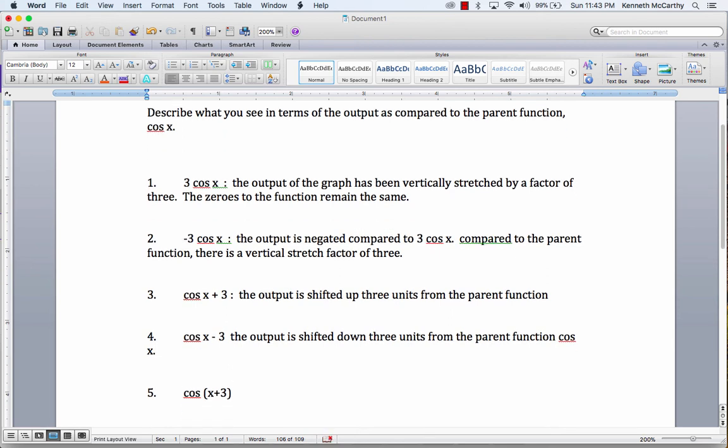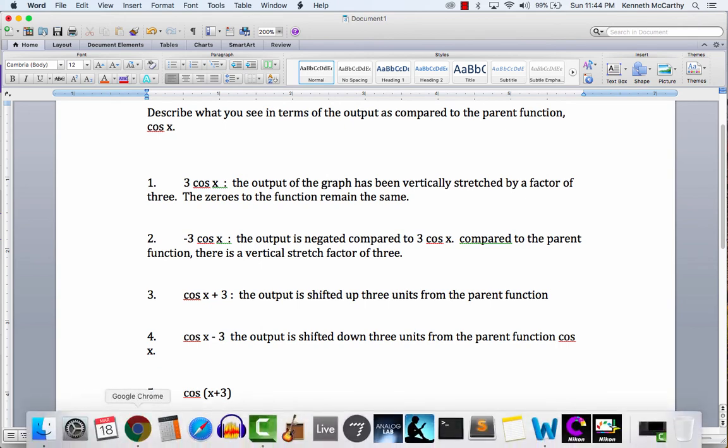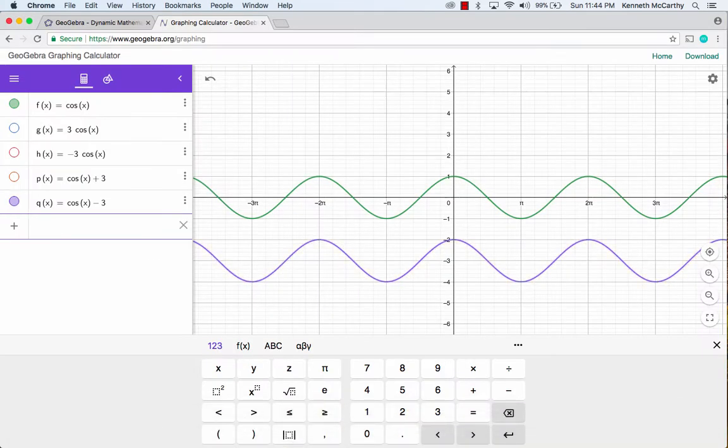And the last one we'll do, what happens when we take something like cosine of x and put a plus 3 inside parentheses? How does that change the graph? Alright, let's take a look. So before we even do that, let's turn off that shift down of 3 so that we only have the parent function up.